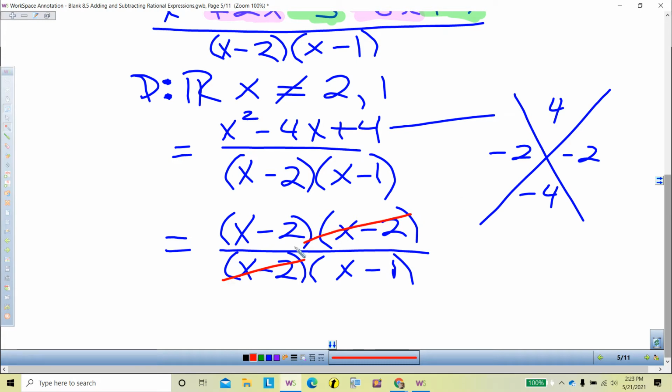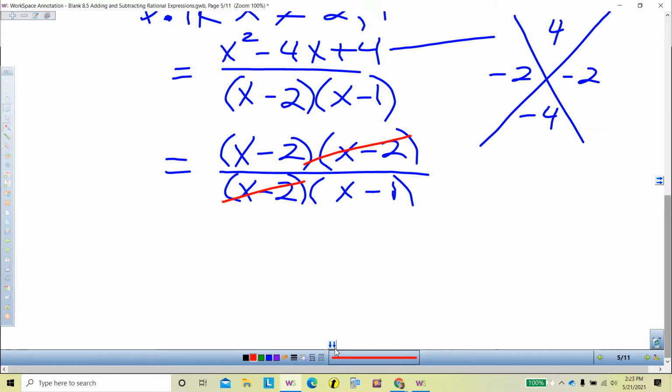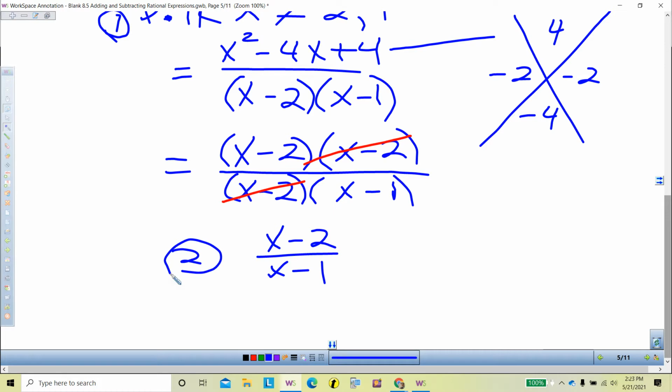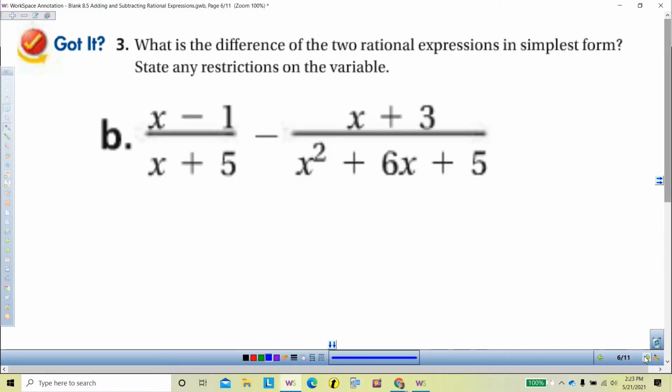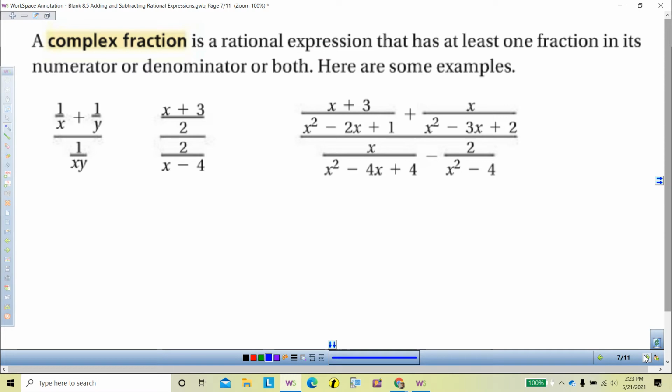Final answer, x minus 2 over x minus 1. So part 1 was way up there, part 2 is down there. Really important, you're making the 3 switches when you subtract. You're multiplying by what's missing to combine like terms and get a common denominator. I'm not doing that one.